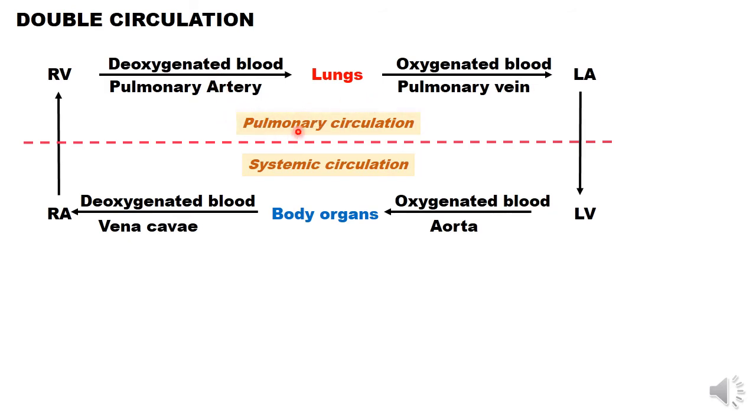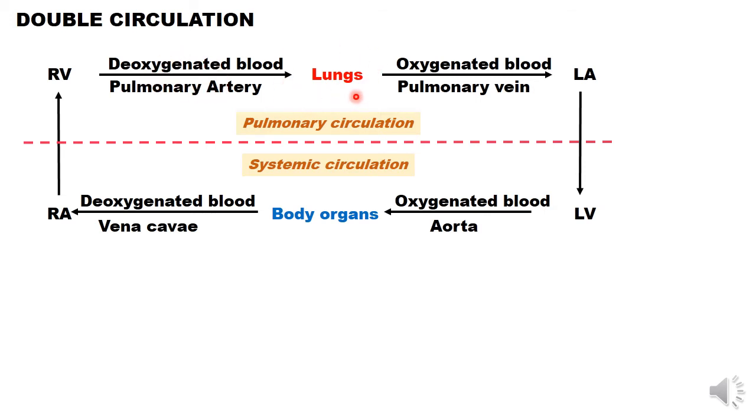This word pulmonary is telling me that it is related to the lungs. So if it is circulation, it is definitely involving the heart, but it is also involving the lungs. So see, the right ventricle, which has received all the deoxygenated blood from the right atrium, is now sending this blood to the lungs.